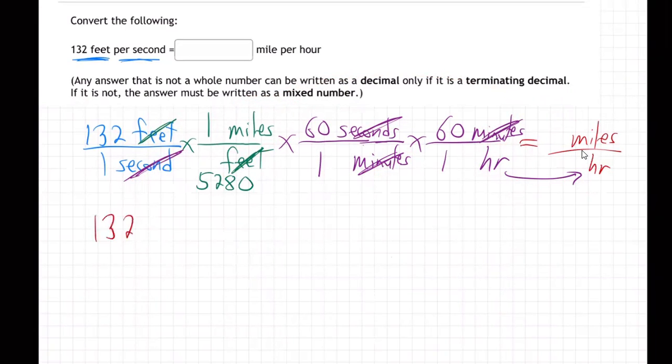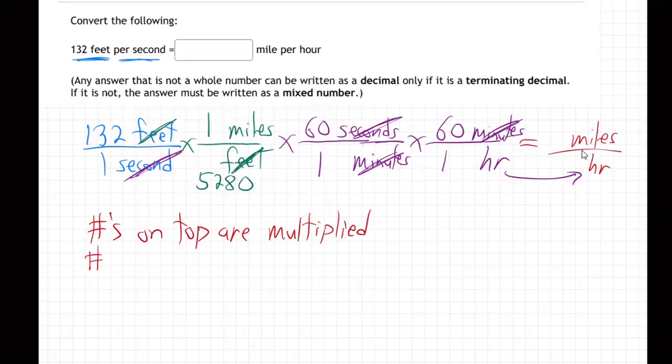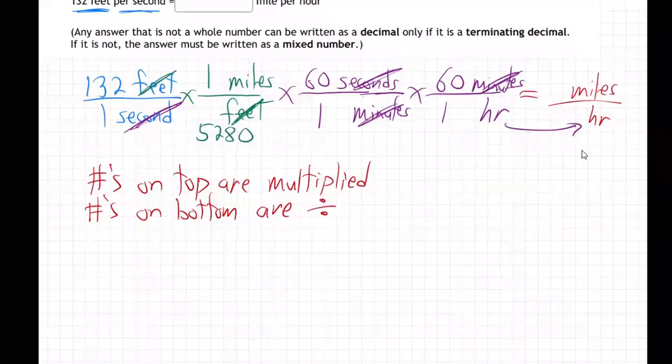So how do you make this happen? You take 132. Let me write it out here for you. Numbers on the top are multiplied, numbers on the bottom are divided. That's what's so nice about this cross-canceling of units.